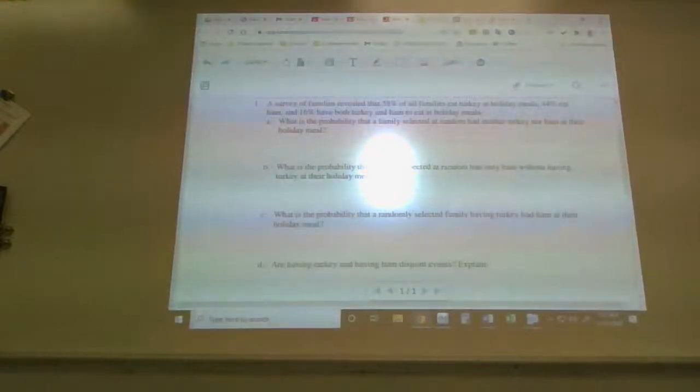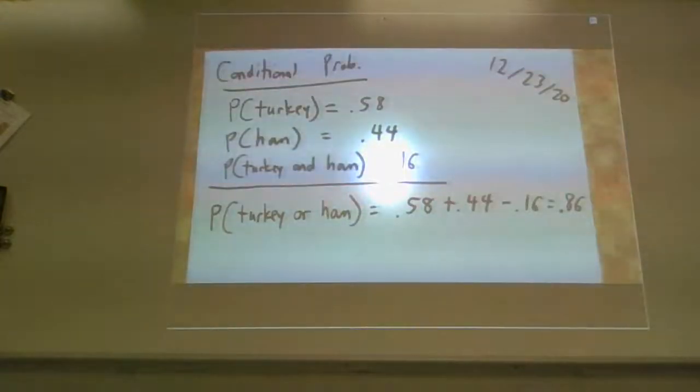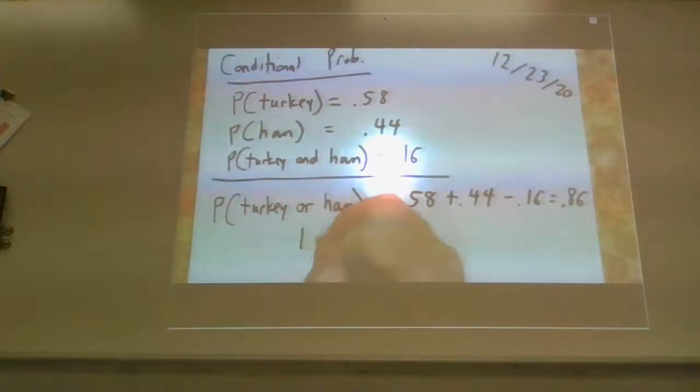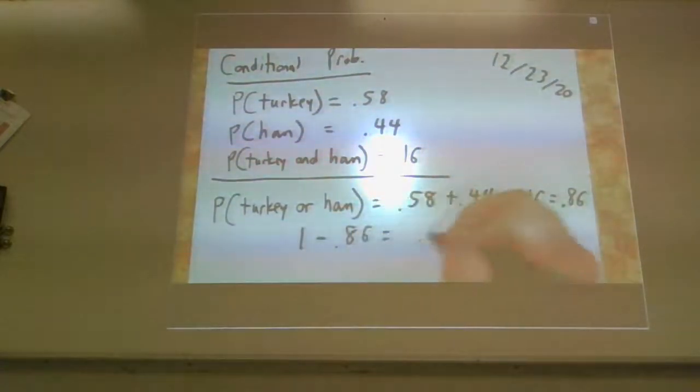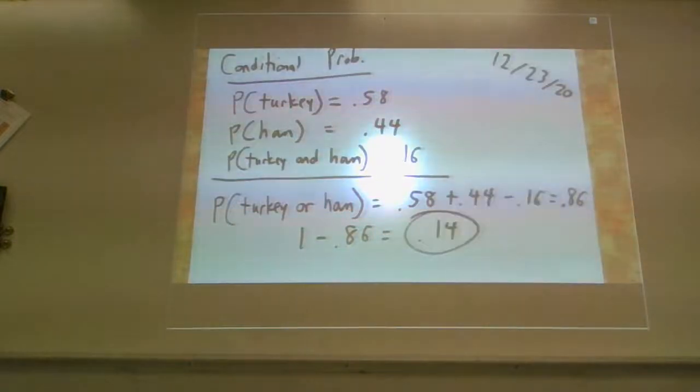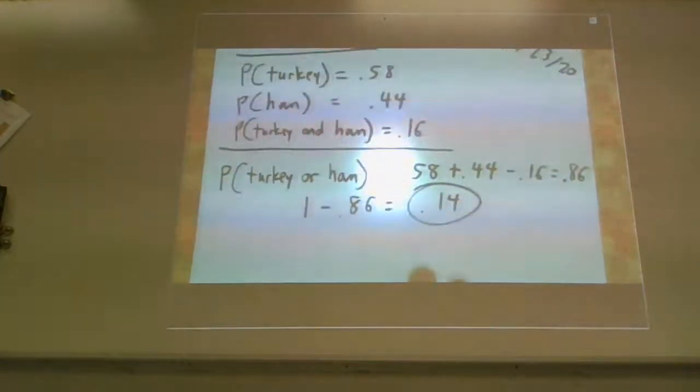So one could just simply take the complement of 86% to get 14%, which is the answer to this question. That's one way of potentially handling a question like this. Not the only way, just one way.